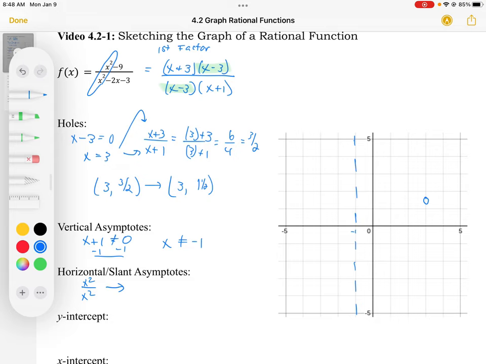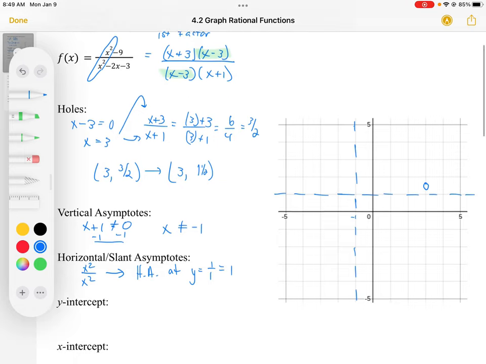So if the degrees are the same, then there's a horizontal asymptote at the ratio of their coefficients, which in this case is 1 over 1, which is just 1. So that means we have a horizontal asymptote at y equals 1. I'm going to put a dotted line indicating that that's a horizontal asymptote on my graph.